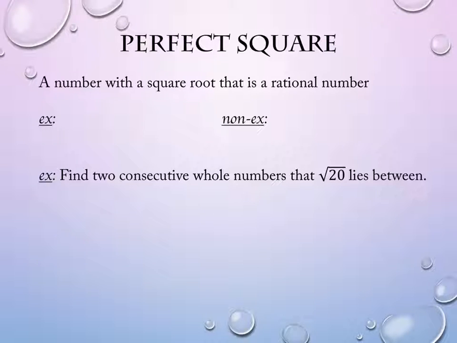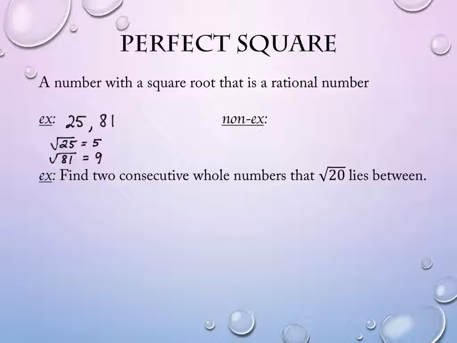So, for example, a perfect square would be the number 25 or the number 81. And the reason is because what is the square root of 25? 5. And what is the square root of 81? 9. They're rational numbers. And even better, they're whole numbers.